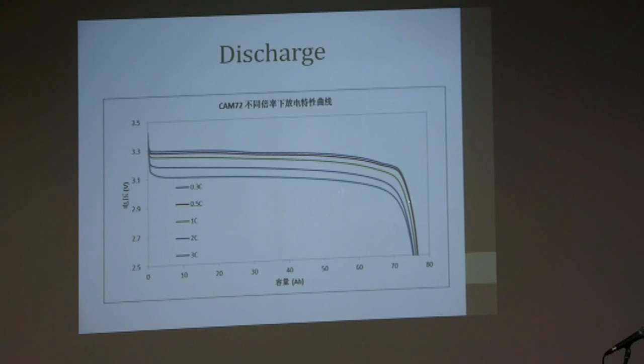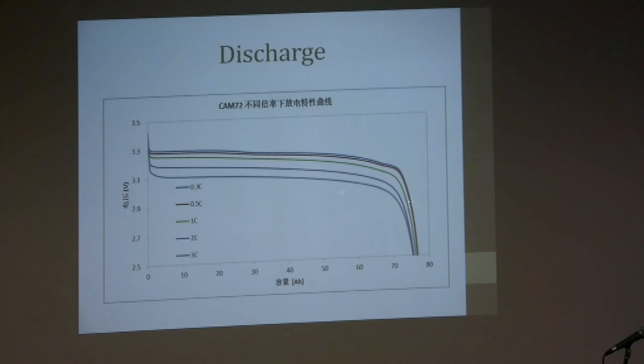A few discharge curves. Now, if you discharge them at the high current, which is this one, you get also the same amp hours out of them, right? But at a much lower voltage.